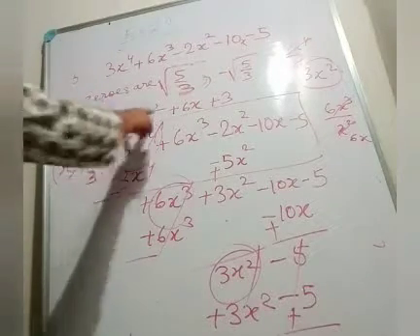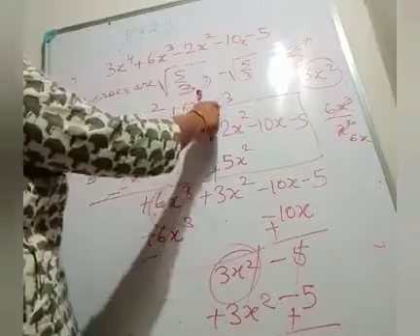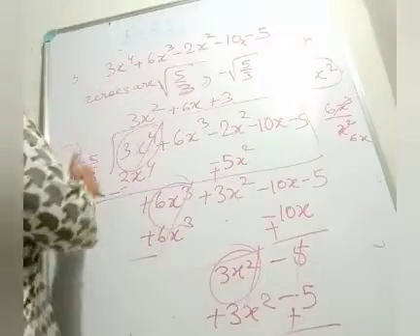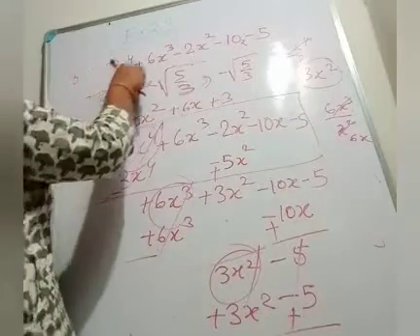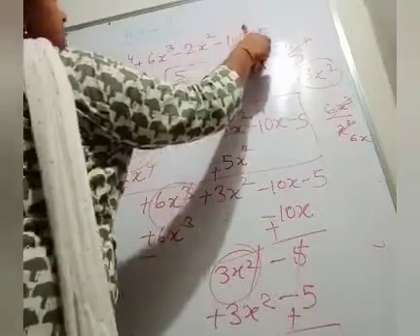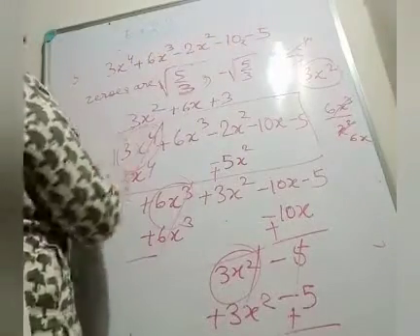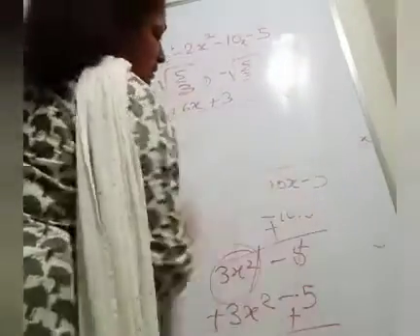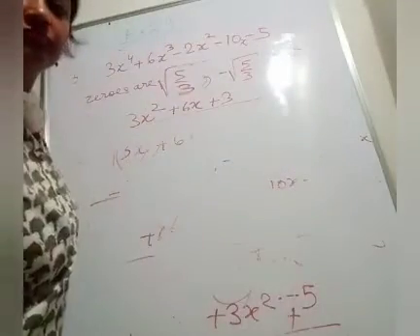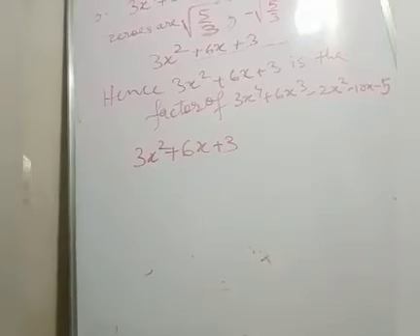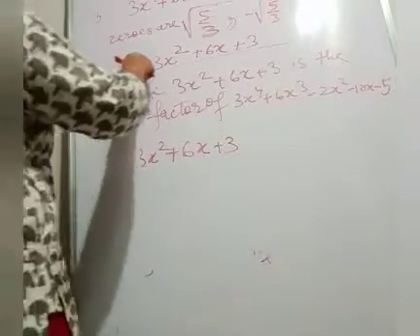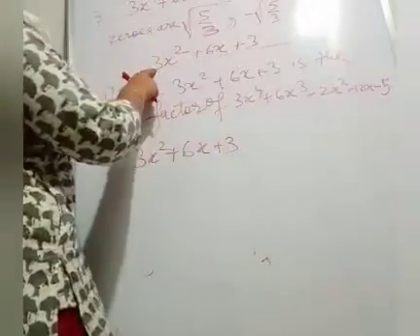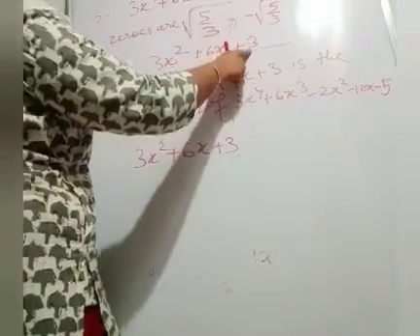So 3x square plus 6x plus 3 is one more factor of 3x4 plus 6x cube minus 2x square minus 10x minus 5. So write down, we get another new factor, that is 3x square plus 6x plus 3.